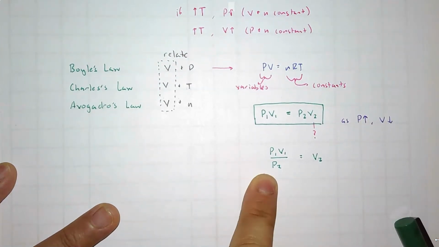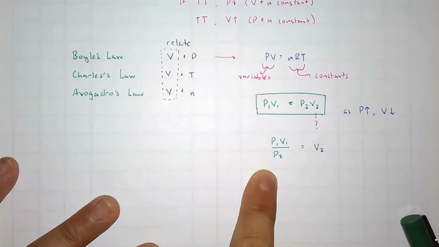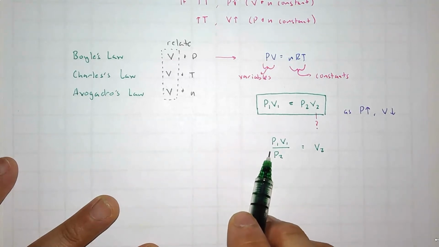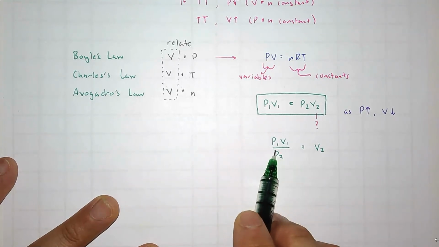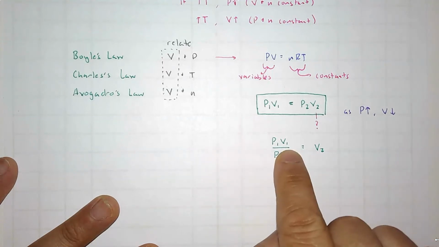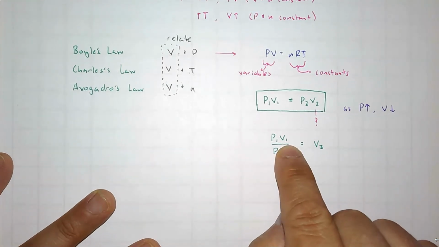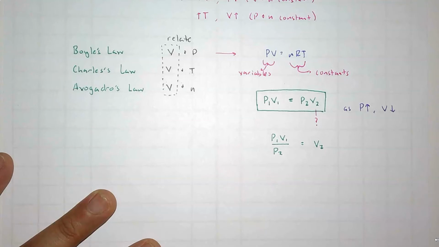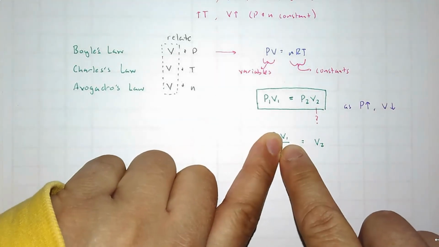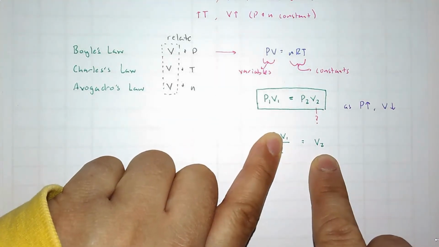And the units of pressure would cancel out if they are consistent. What that means is that you don't have to have pressure in atmospheres. You could have them in torr, because ultimately the torr will cancel out and you'll be left with the units for volume. Likewise, the volume doesn't have to be liters. Whatever that volume is for V1, that's the units you're going to use for V2.